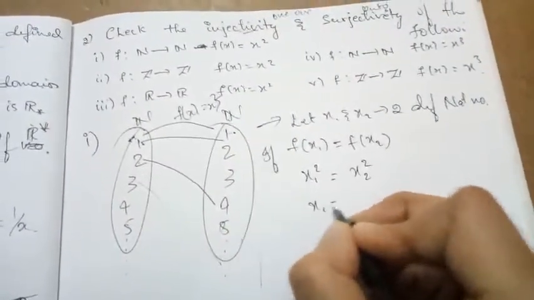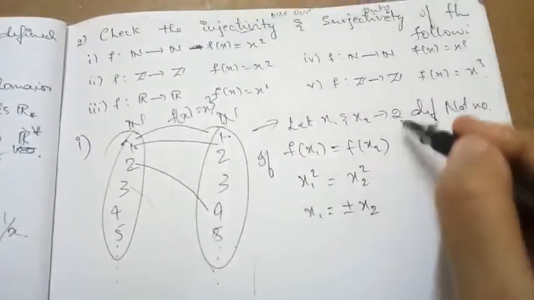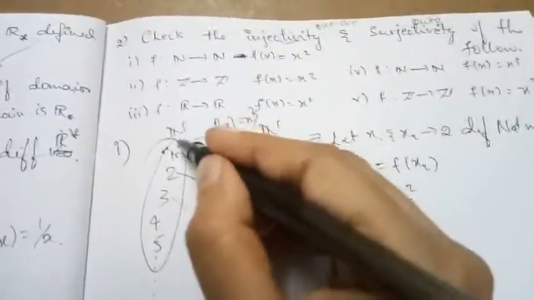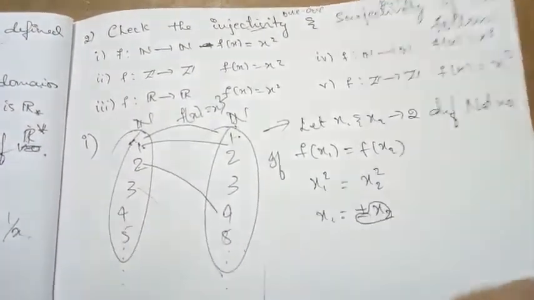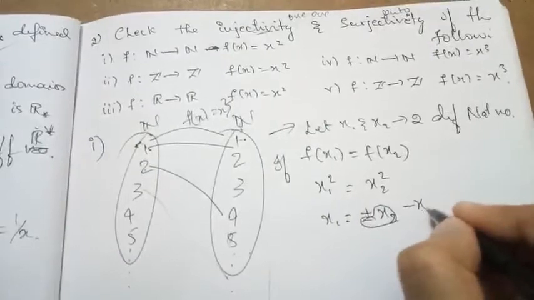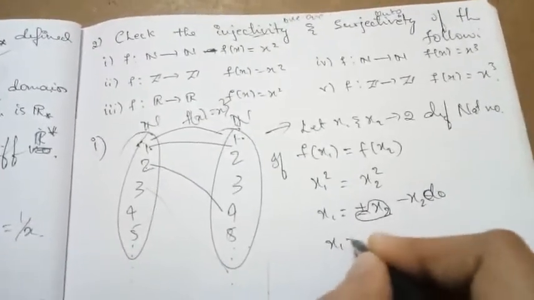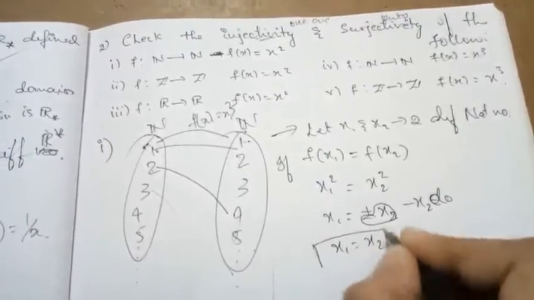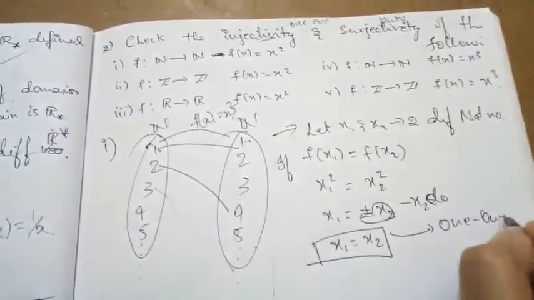So x1 is equal to what? Plus or minus x2 actually. But here it is defined from the set of natural numbers to the set of natural numbers. Minus x2 is not going to belong to this set, so minus x2 does not exist. So x1 is equal to x2. So x1 is equal to x2 means the function is a 1-1 function.